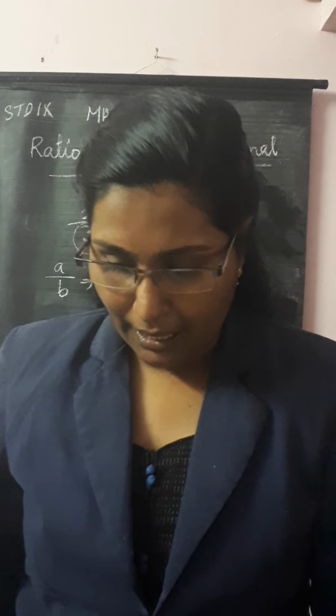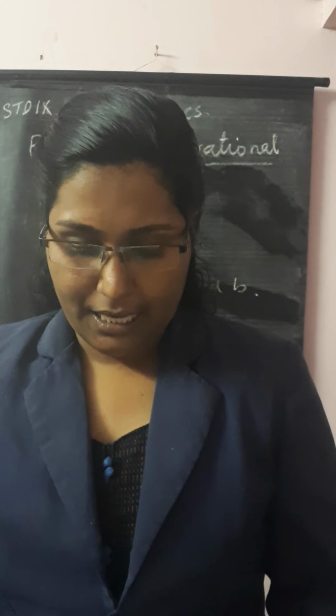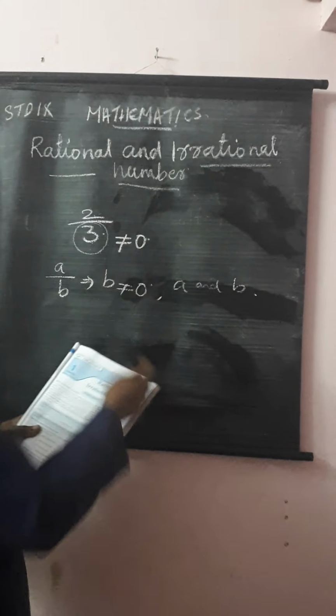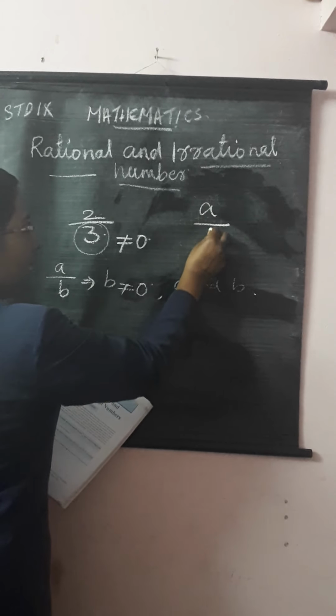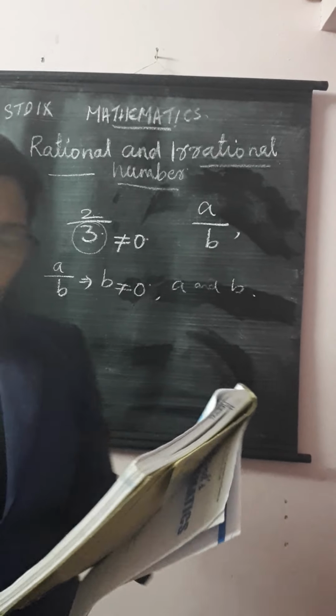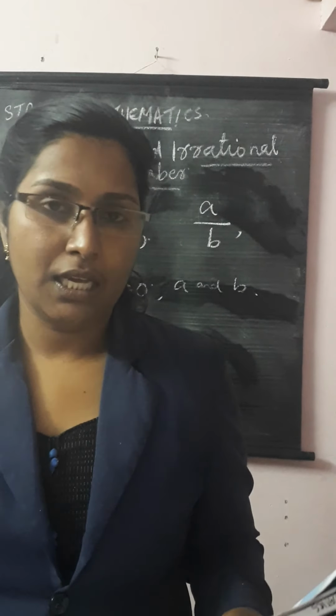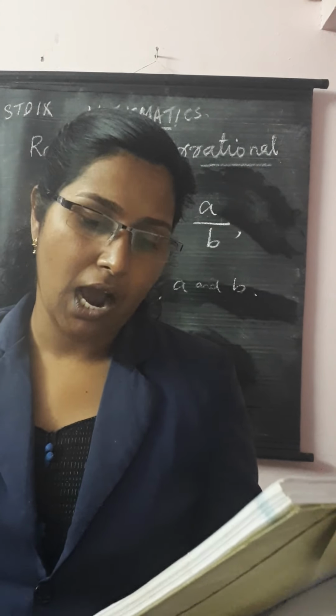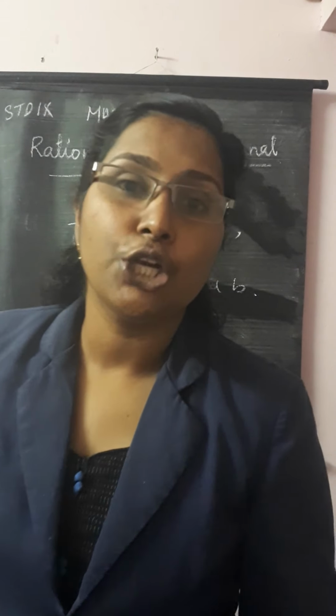A rational number is a number that can be expressed in the form a by b, where a and b are integers, and b is not equal to 0.